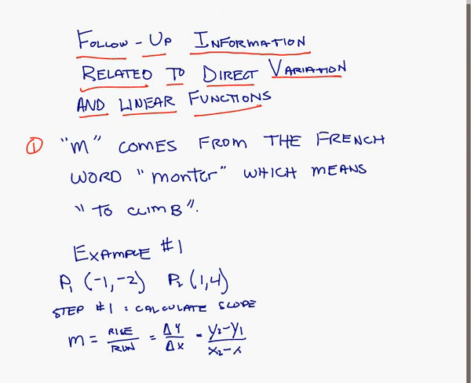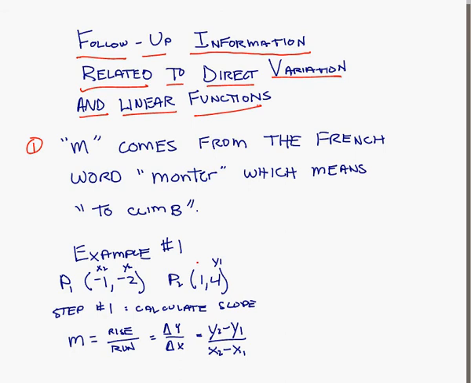So if my first point, my y2 is -2, my y1 is 4. My x2 is -1. My x1 is 1.